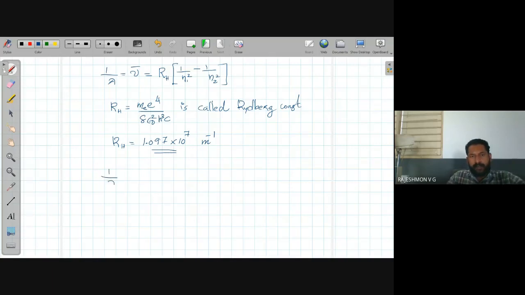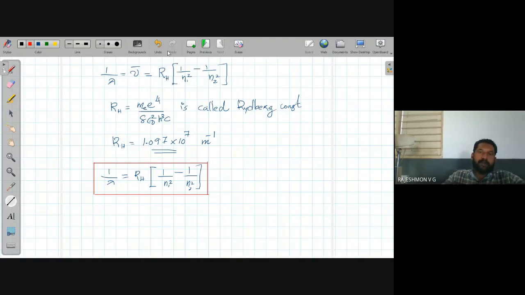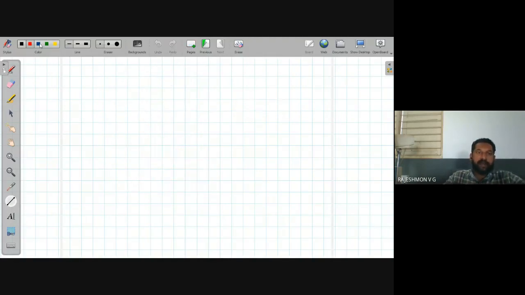So I can write 1 by lambda is RH into 1 by n1 square minus 1 by n2 square. This is the equation for finding the position of lines in hydrogen spectra. Now, we can give different names for these lines, and the first one is called Lyman series.